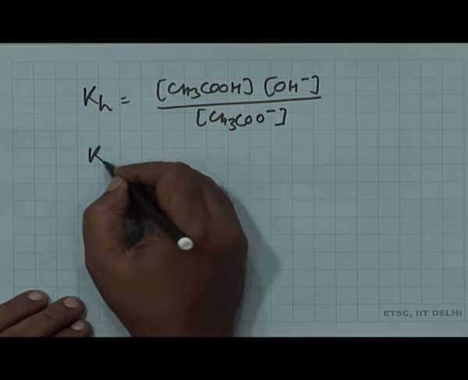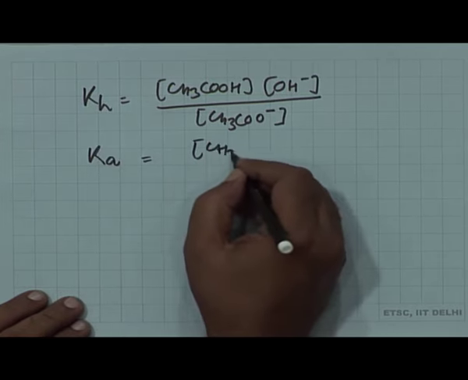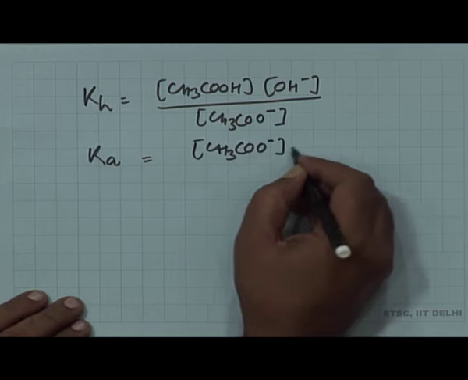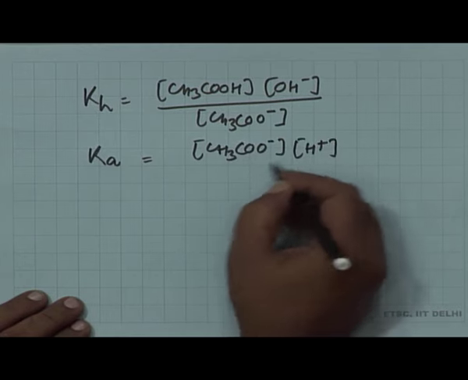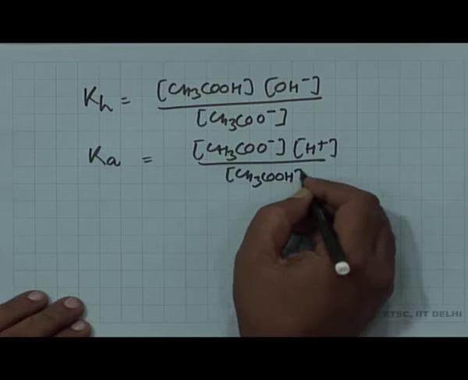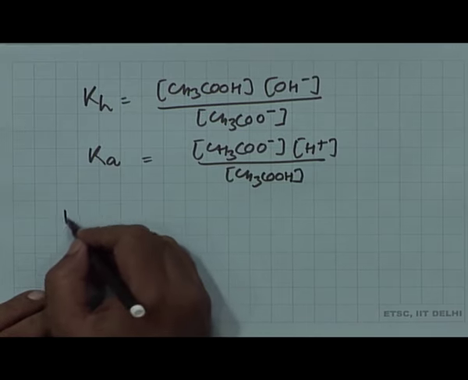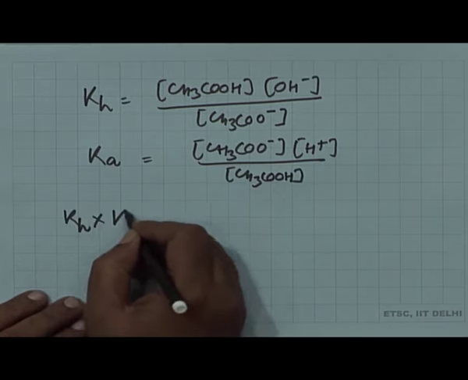And we also know the acid dissociation constant of acetic acid: Ka is CH3COO minus into H plus by CH3COOH. Now, let us multiply Kh into Ka.